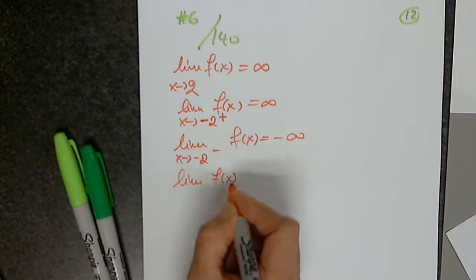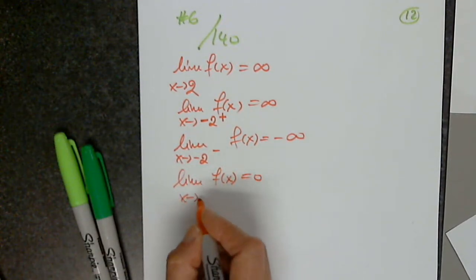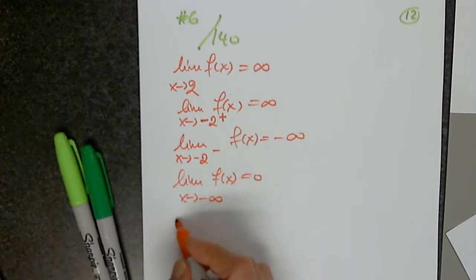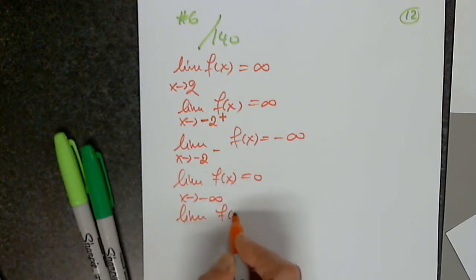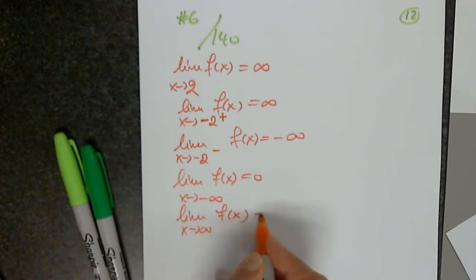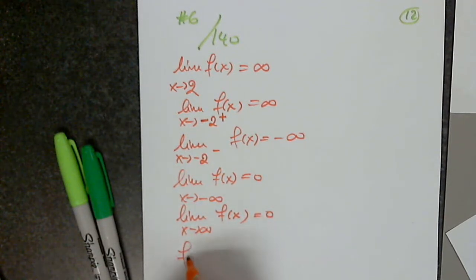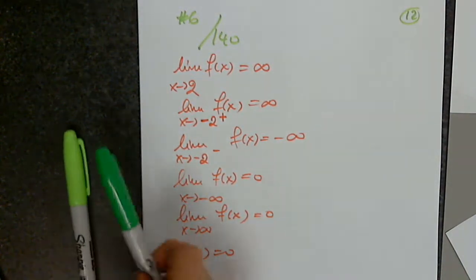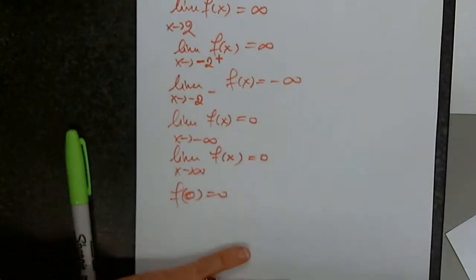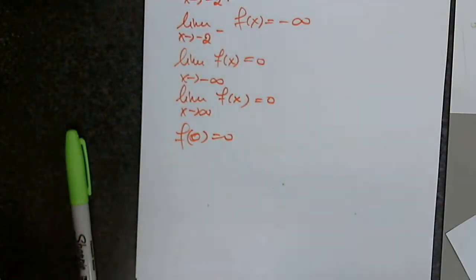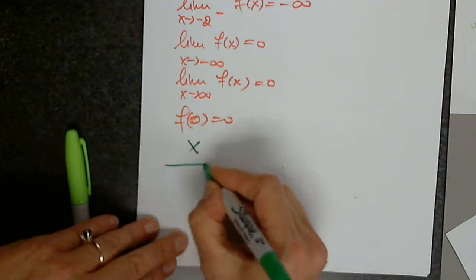The limit of f of x is 0 when x approaches negative infinity. The limit of f of x as x approaches infinity is 0, and f of 0 is 0. Okay.